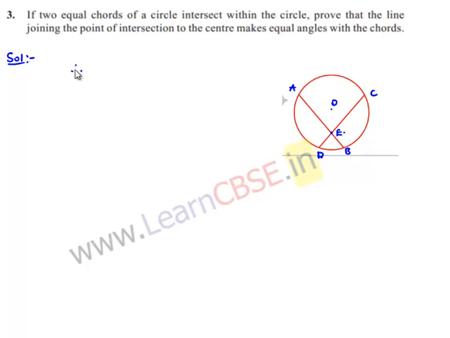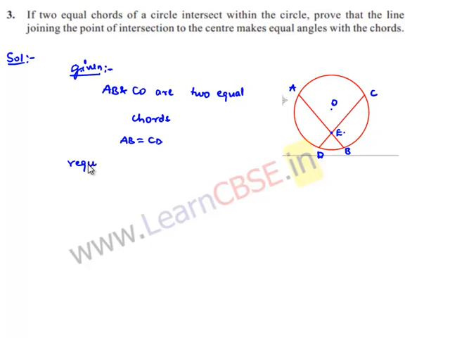Therefore, here given that AB and CD are two equal chords, so we can write that AB is equal to CD.